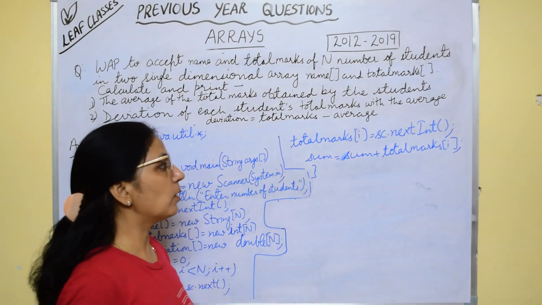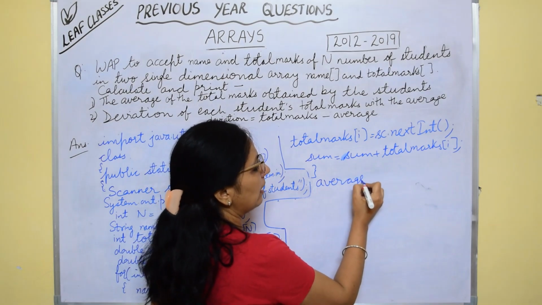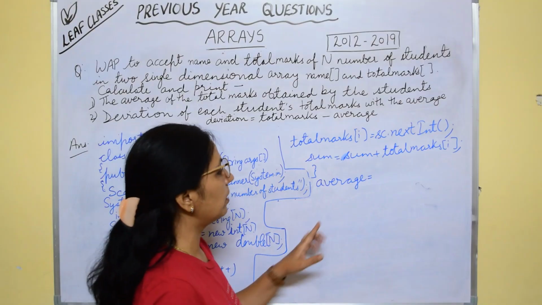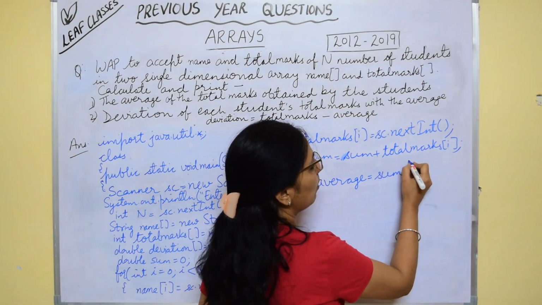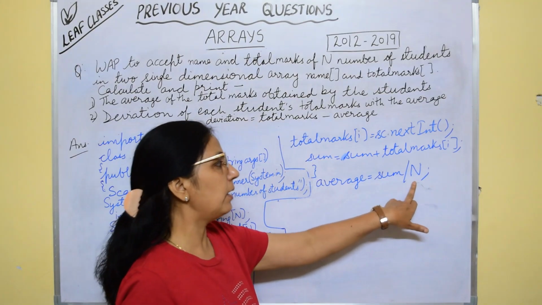Now after calculating the sum, what we have to do? Yes, we have to calculate the average. I suppose everybody knows the calculation formula for average, and it is also given in the question. Average equals sum divided by the number of students which you have stored in the n variable.